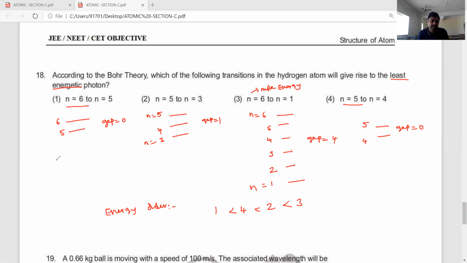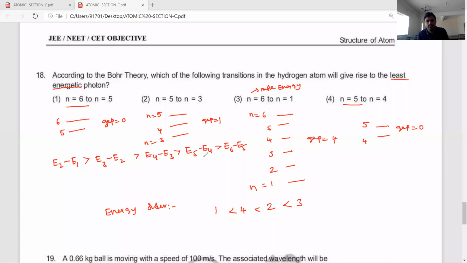Already we know this order: E2 minus E1 is more when compared to E3 minus E2, to E4 minus E3, to E5 minus E4, to E6 minus E5.